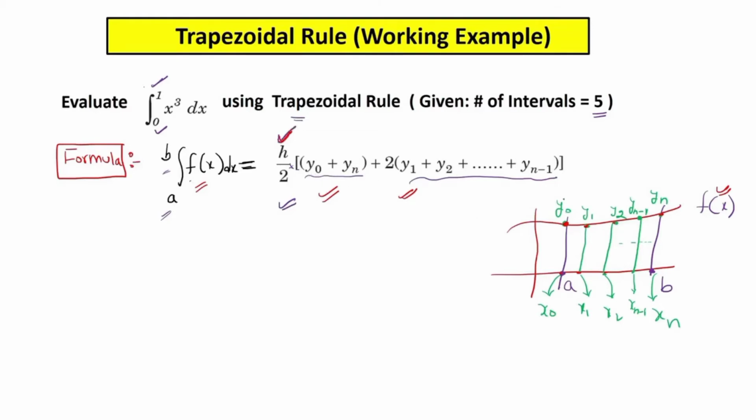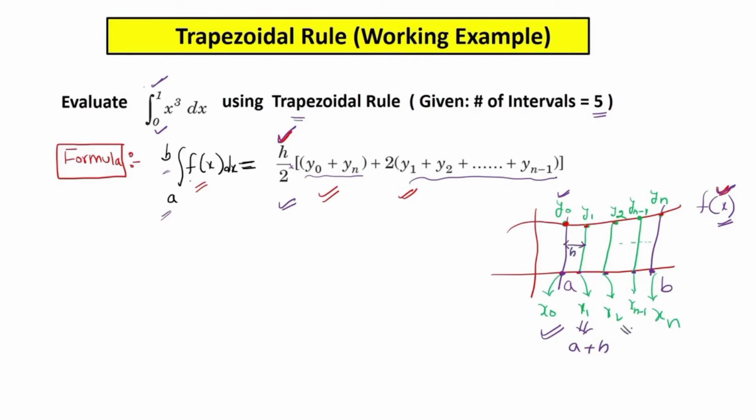To find the value of y, we have to put the values of x, that is x0, x1, x2, in the given function. Only then can we find the values of y0, y1 and so on. So how will we find these x0, x1 and x2? You can see here that x0 is equal to a. And what is x1? x1 can be written as a plus h, where h is the interval size or the step size.